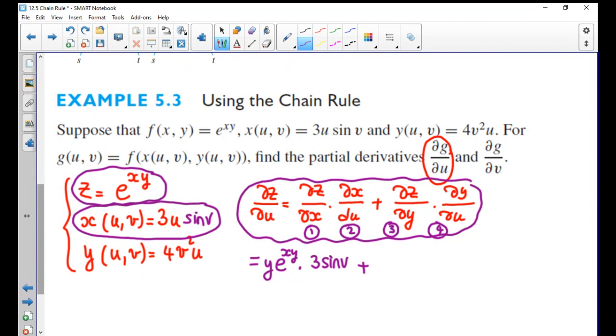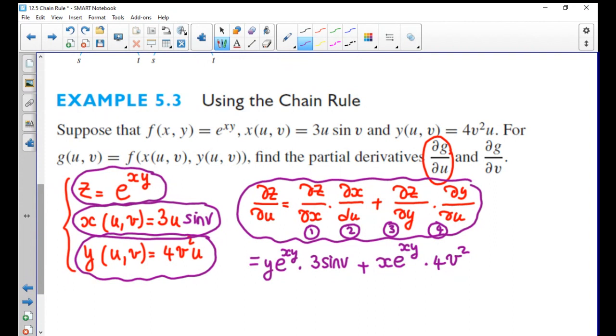The derivative of z with respect to y will be x e^(xy), and then multiply that by the derivative of y with respect to u also. Derivative of y with respect to u will be, what do you think that will be? 4v squared. Yes, like this. Okay, good.